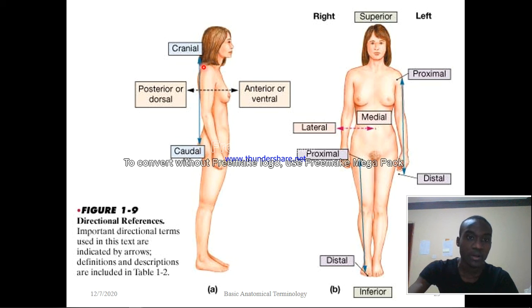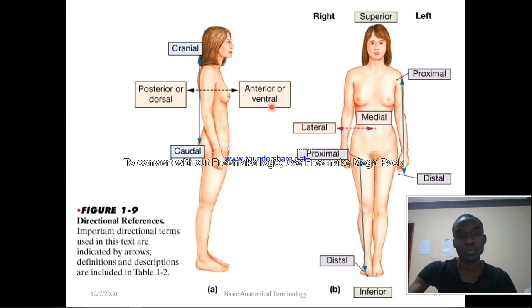The back side which is posterior, and then caudal towards the tail. So caudal means towards the tail, but in this case it is posterior view. So posterior caudal, the back side of the body, but towards the tail, the feet. And cranial means the head region, and then towards the head we refer to as superior or cranial.